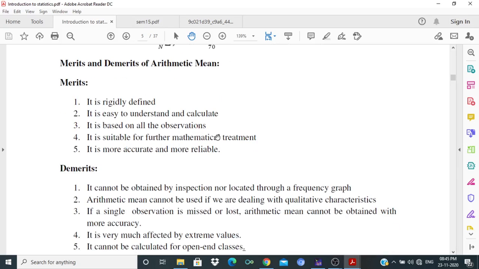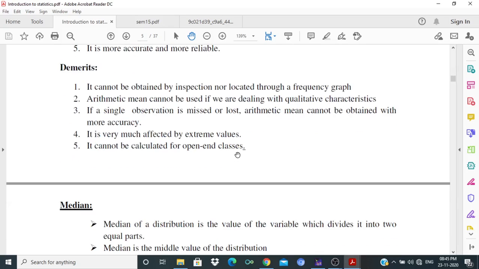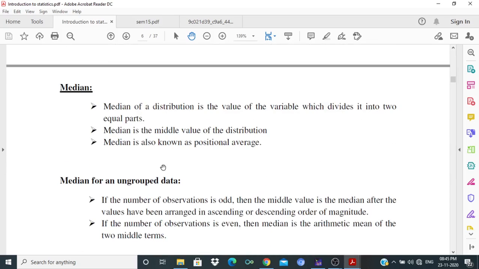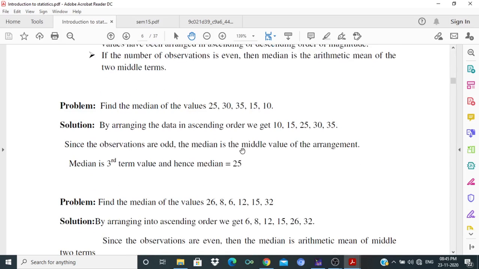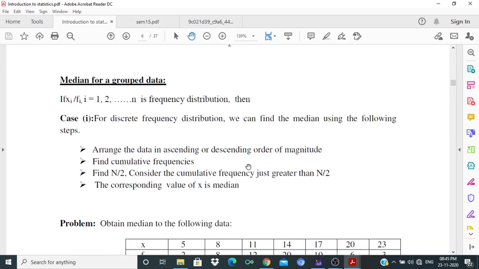Merits of arithmetic mean: based on all observations is the main advantage, suitable for further mathematical manipulation. It is a mathematical measure. These are the demerits of mean. Median divides the data into two parts. Median for grouped data, ungrouped data, examples for median.